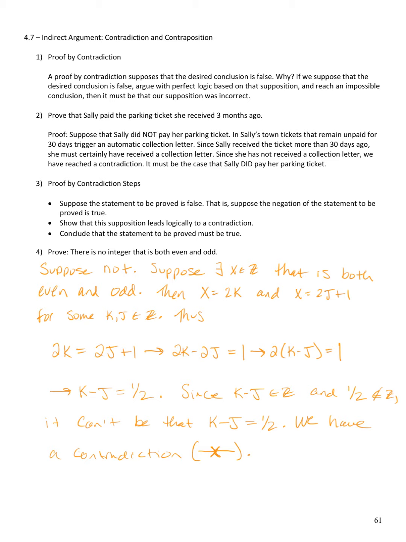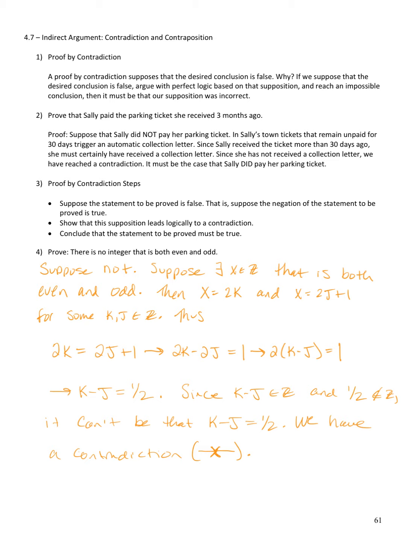R plus S can be rewritten as A over B plus S, as long as A and B are integers and B is not 0, because R is rational. So we can write it as A over B. We're also supposing that this sum is rational, right?